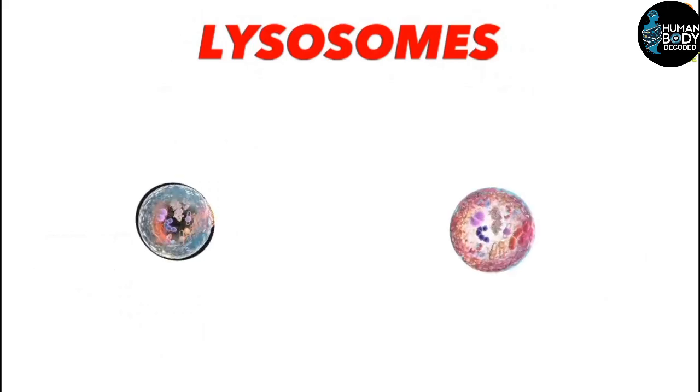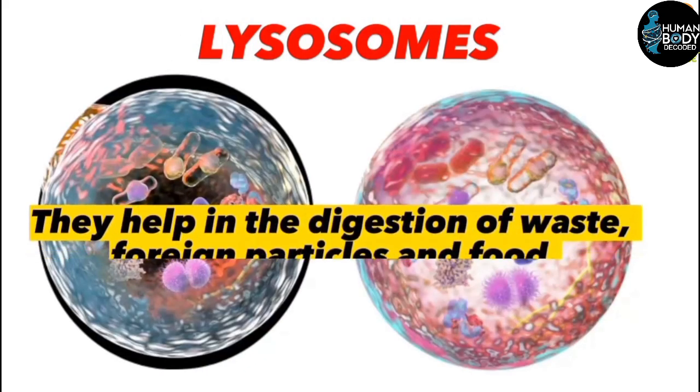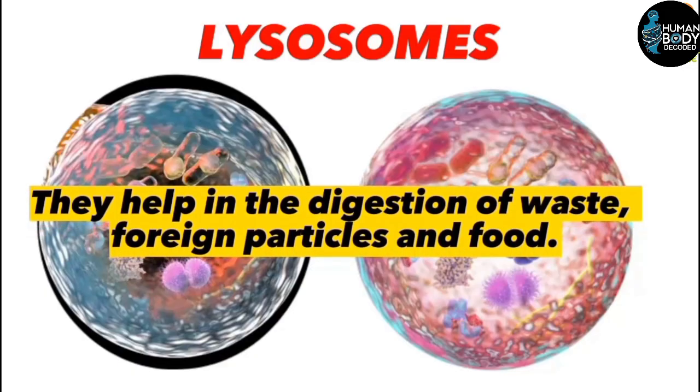Another structure is called lysosomes. These lysosomes break down different materials in the cell. And here, the breakdown actually means digestion. These contain digestive enzymes that help with digestion inside the cell. In the cell, there are waste products that need to be digested. Lysosomes handle this digestion. There is food, such as glucose, that lysosomes also digest.